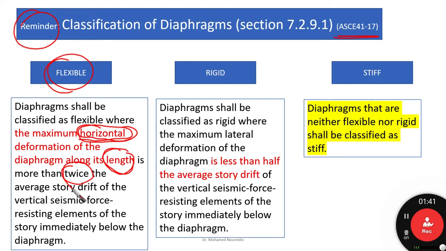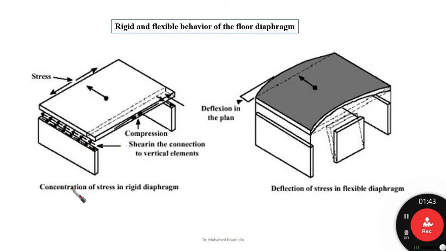If we have a look at the next slide, for example, this is giving us the two cases, where we have a rigid diaphragm, as you can see here, and this is another case where we have flexible diaphragms. The issue that we are talking about is the deformation here. Look at the case of the flexible diaphragm, you're going to find that there is some deflection in the plane here.